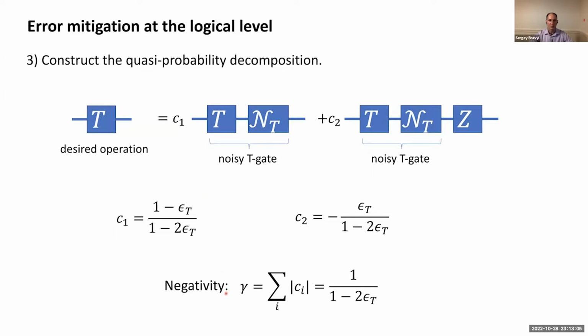And the sampling overhead is controlled by the negativity, which is given by this formula. So to minimize sampling overhead, it is crucial that we make this negativity as small, as close to 1 as possible. And for that, we need a protocol for preparing high fidelity logical magic states.